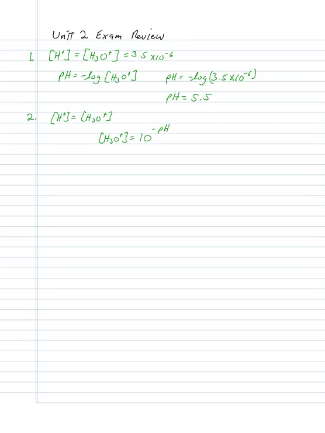That's going to be equal to 10 to the minus 10.9. When you put that in your calculator, I got 1.26 times 10 to the minus 11. And to 2 sig figs, we get 1.3 times 10 to the minus 11.